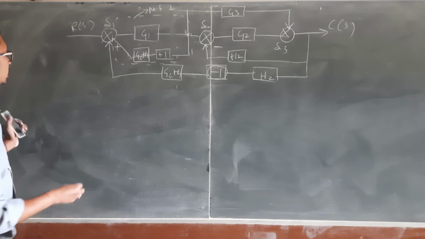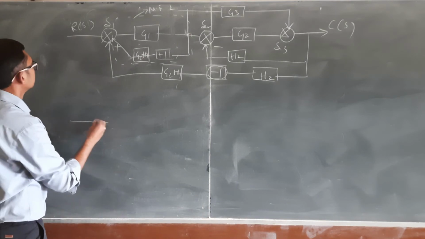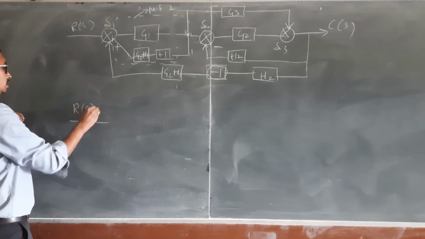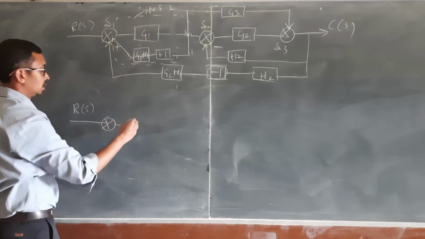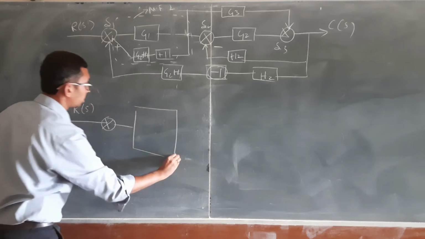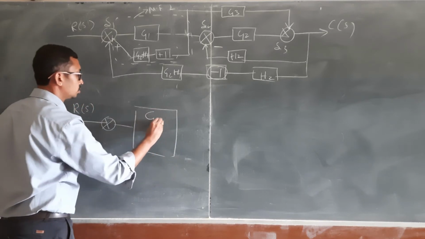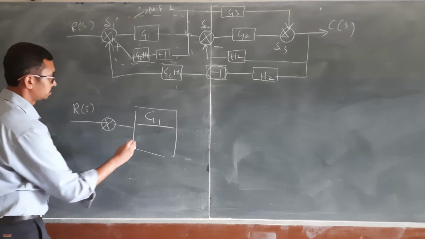Now I am going to redraw this. This can be written as R of S, so that is the summing point. Now I am going to reduce this by applying the minor feedback loop. It will be called G1 divided by 1.